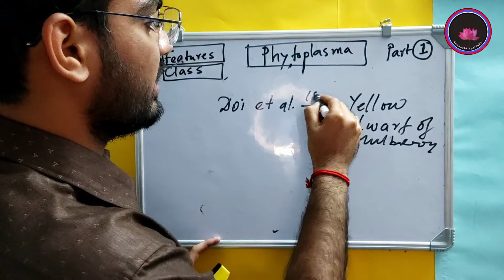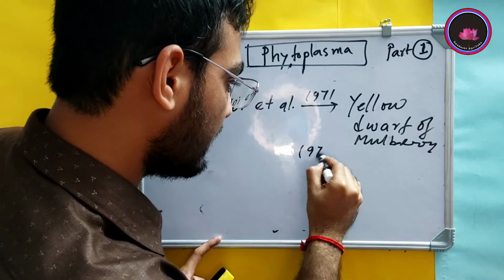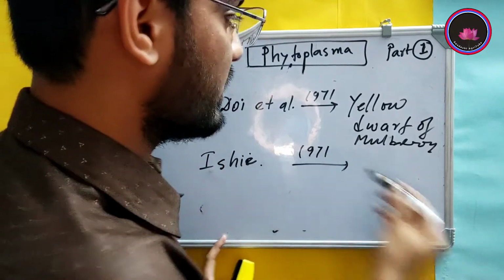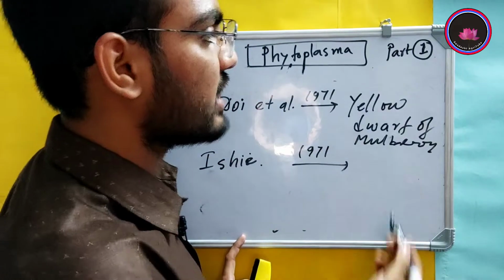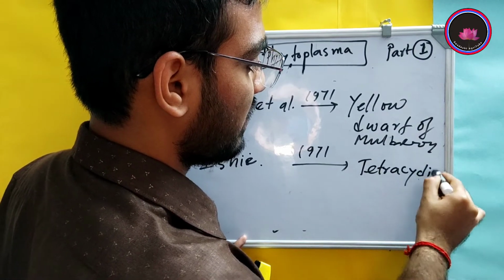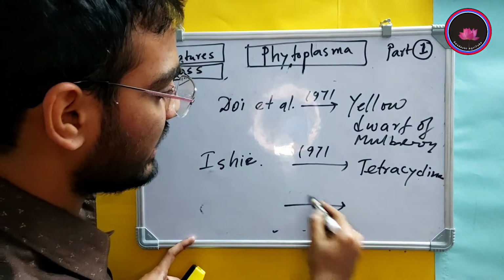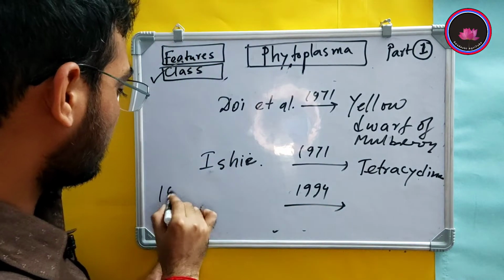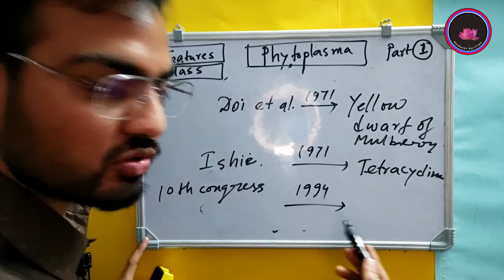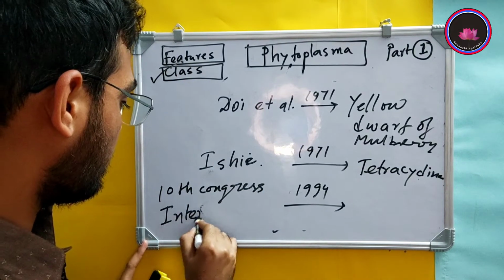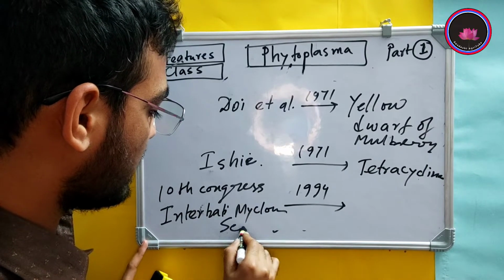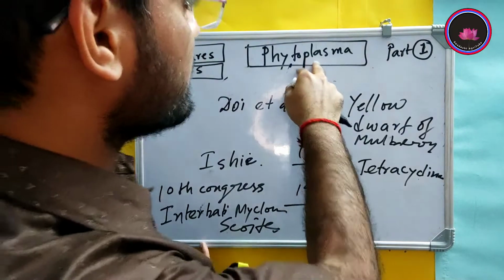In 1971, it was discovered that the phytoplasma is sensitive to tetracycline, and in 1994, at the 10th Congress of the International Society for Mycoplasmology, they decided to name this phytoplasma.